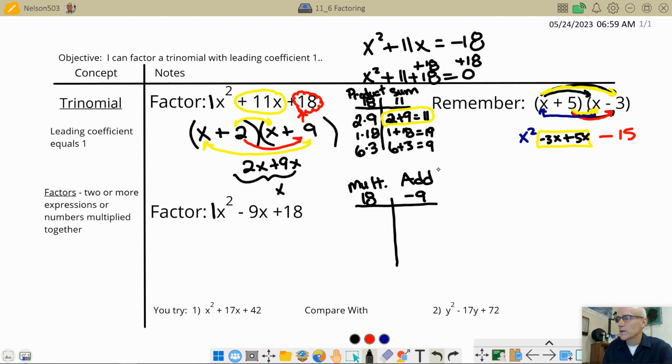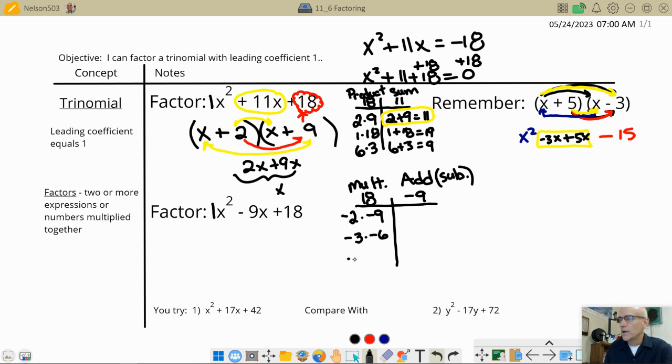Now, you might think about this as add or subtract, because you'll see here in a second what I'm talking about. So if I want positive 18, I could get that, like I did up here, positive 2 times positive 9, positive 1 times positive 18, positive 6 times positive 3. Or I could get it as a negative 2 times a negative 9. Or a negative 3 times a negative 6.